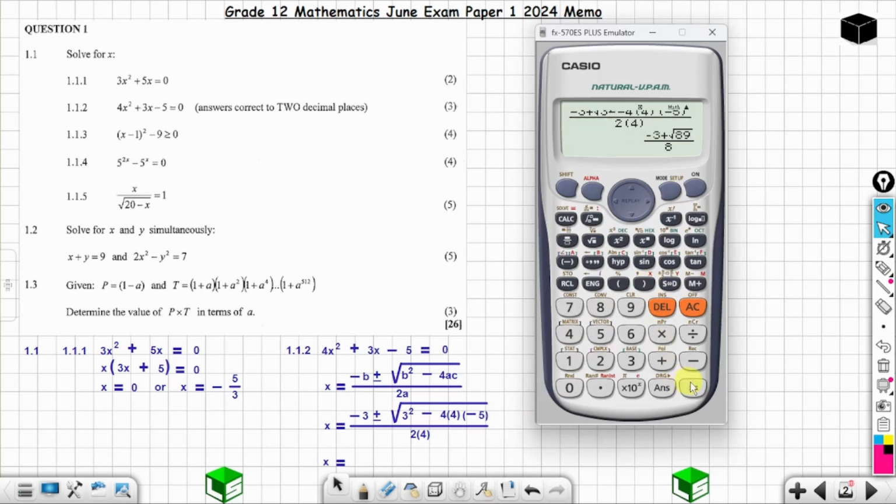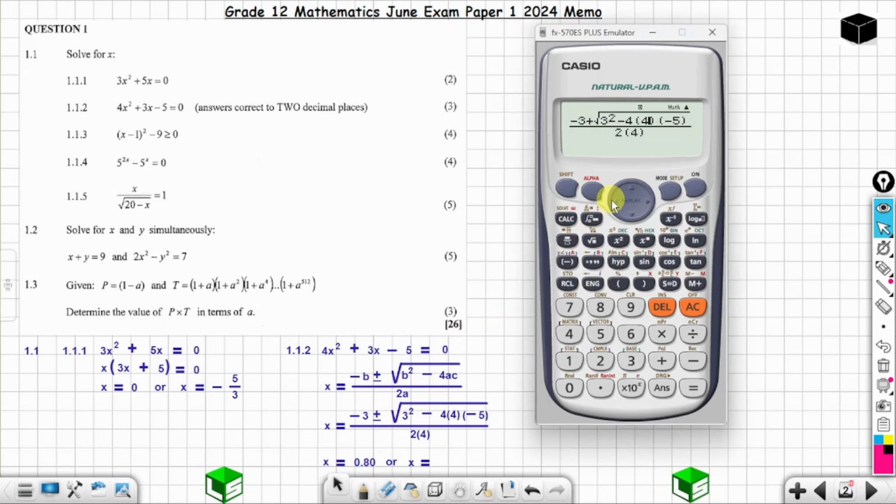Okay, this is equal to 0.80, correct to 2 decimal places. 0.80. Or x is equal to, now you are going to use minus. After you have used plus, you are going to use minus.